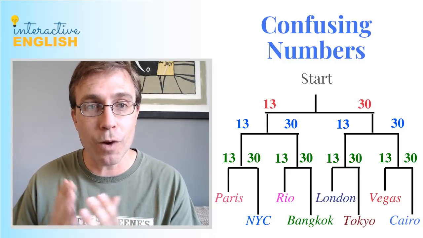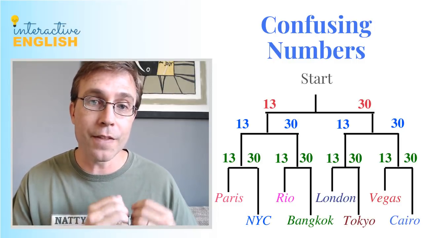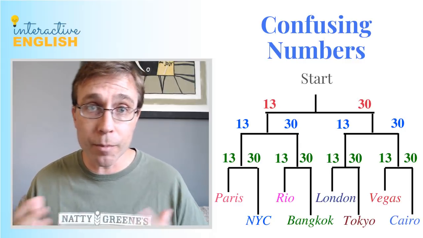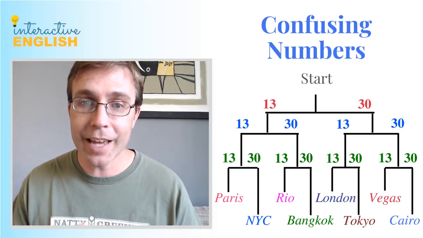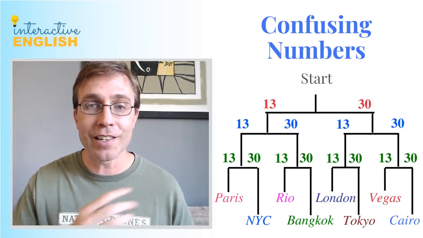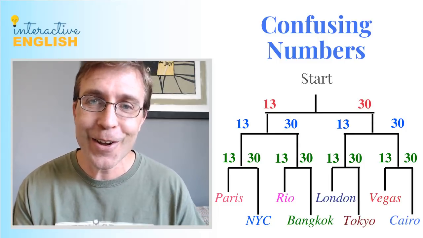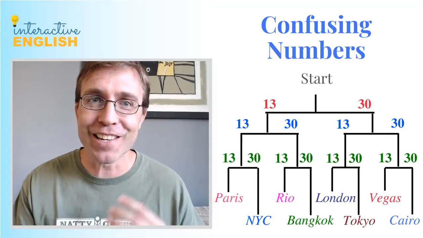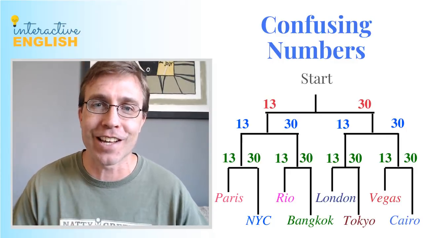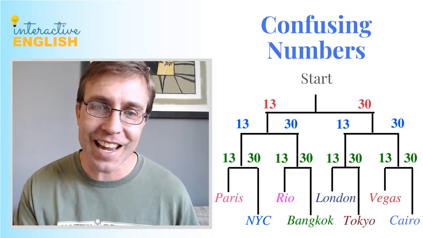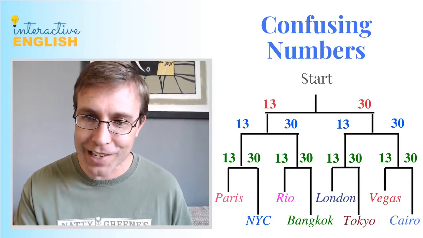So I'm going to say one number red, and then a blue, and then a green. And each time you're going to move to the left or the right. And at the end, you can see down here a list of cities. You're going to end up in a city. And then I want you to write down which city did you end up in, because this is a listening exercise. Listen to which number I'm saying and then see where you ended up.